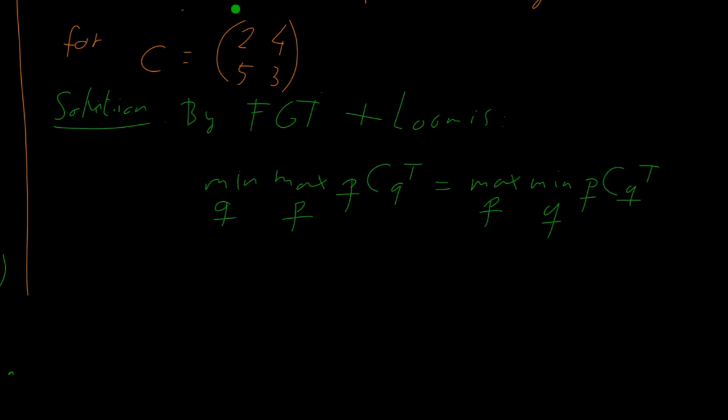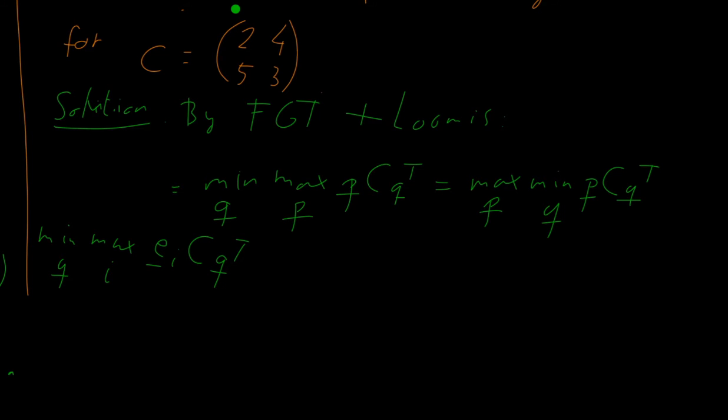And by the Loomis theorem, it's just the same as the minimization of the maximization, but this time I only have to deal with the unit vectors instead of arbitrary probability distributions: the ith unit vector times C times Q transposed.